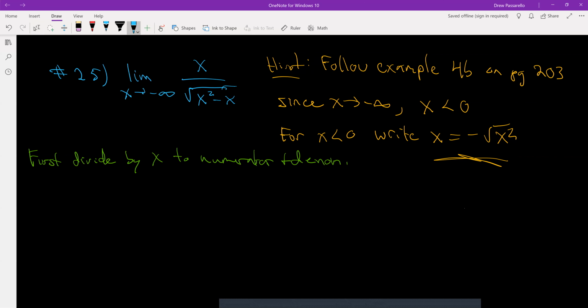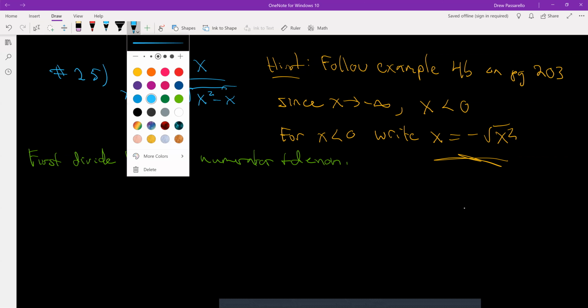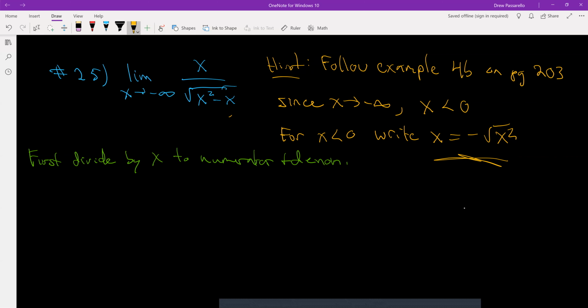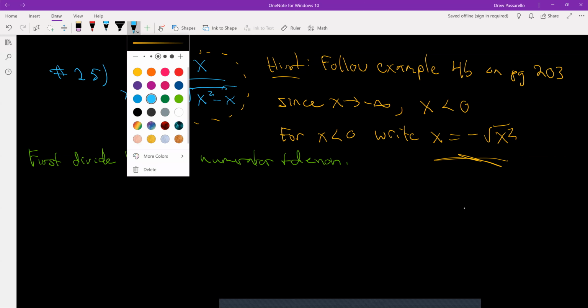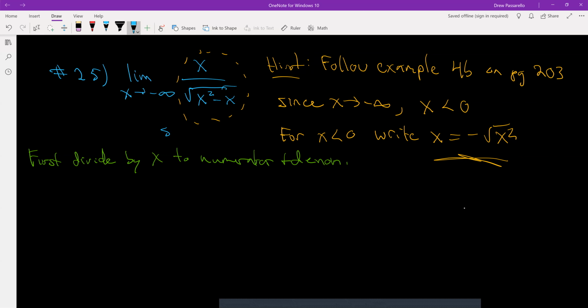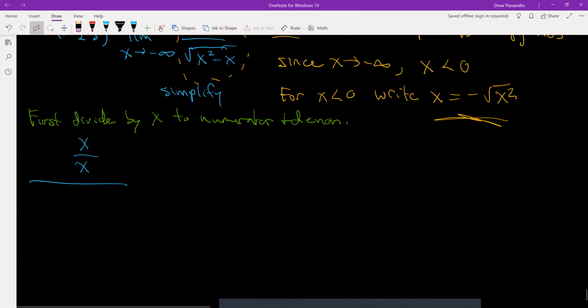Okay, and right now I'll just focus on the fraction itself. I'll worry about doing the limit at the end. So I'm going to focus on simplifying this. So I divide top and bottom by x. So up top is going to be x divided by x. And on the bottom it's going to be the square root of x squared minus x, divided by x.